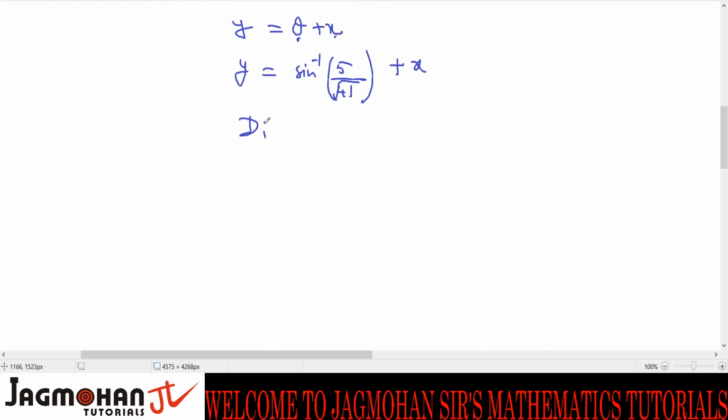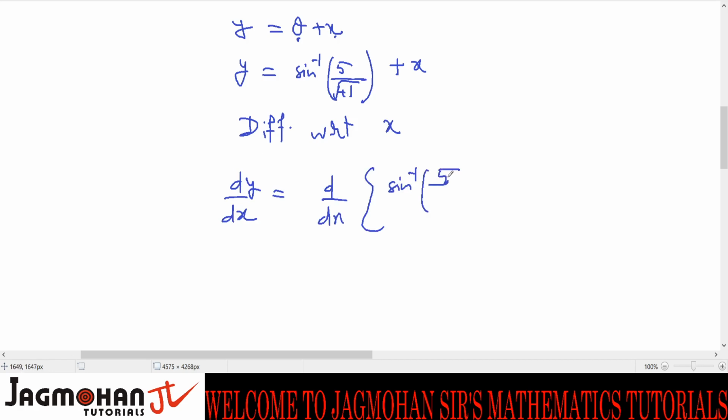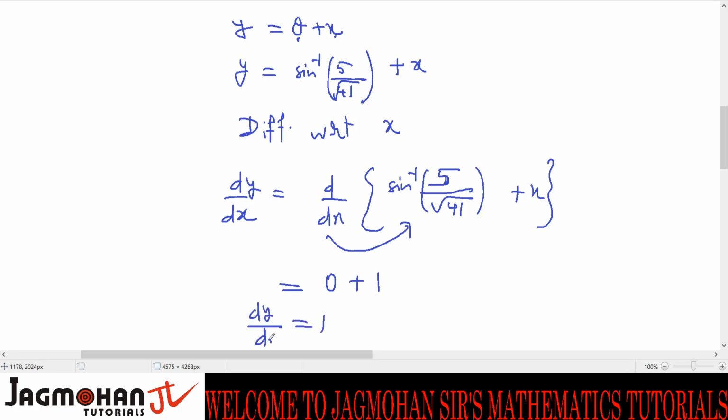Now I will differentiate with respect to x. d by dx of y equals d by dx of sine inverse of 5 upon square root of 41 plus x. d by dx of sine inverse of 5 upon root 41 will be 0 because it is a constant, there is no x in it, and d by dx of x is 1. The final answer is 1. You can replay the video and check this out. Thank you.